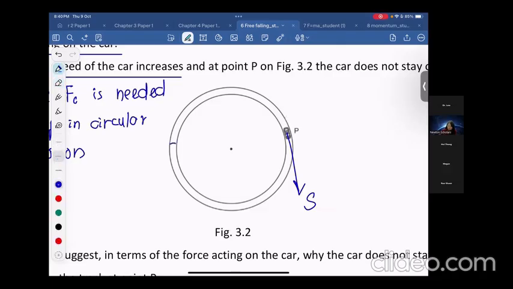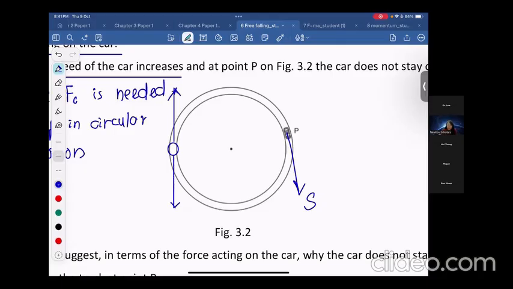Here again, if it's not a car but just a ball, and they didn't tell us the direction of the circular path, clockwise or anti-clockwise, then once we lose the centripetal force you can draw either way, no problem.